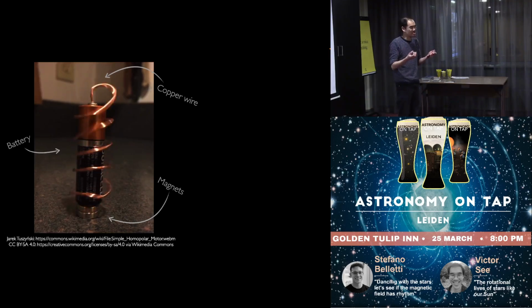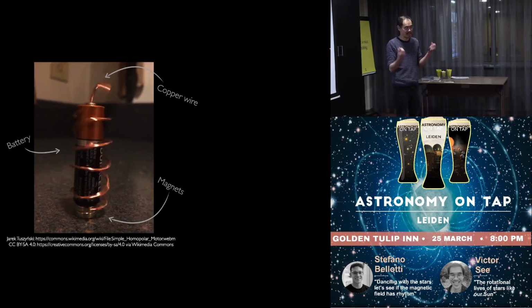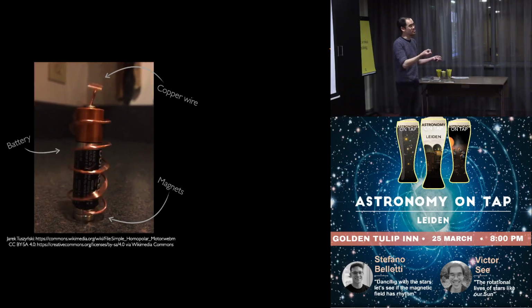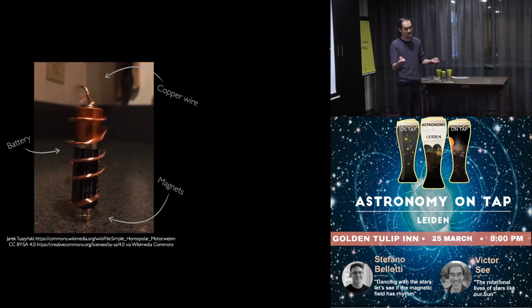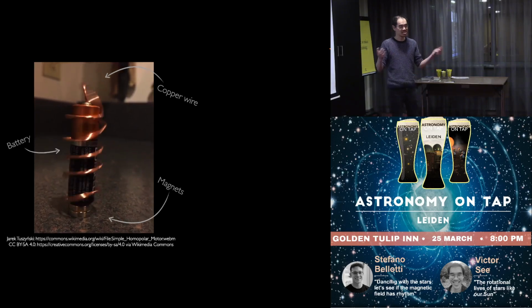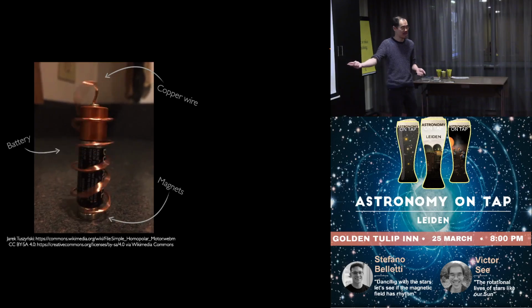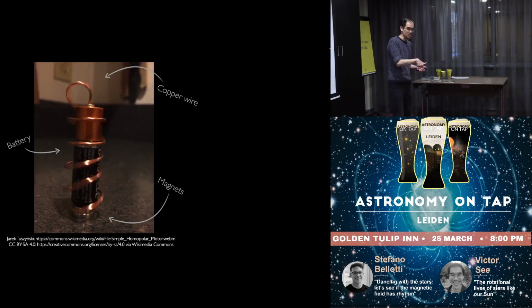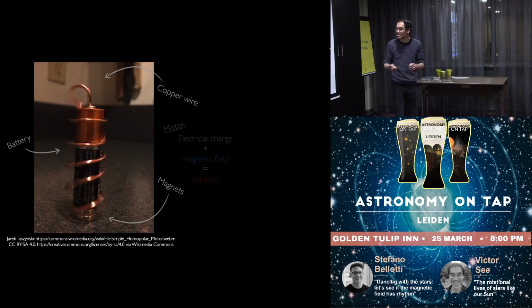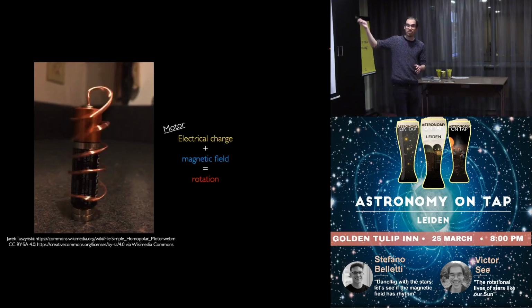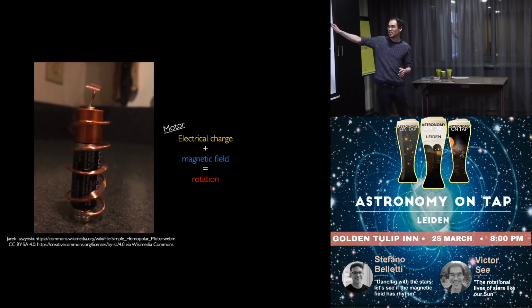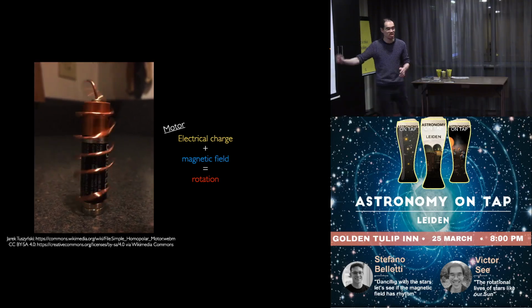And all electric current is moving charges, right? Moving electrical charges. And so it turns out that if you have moving electrical charges in the presence of a magnetic field, which in this case is being provided by the magnets, you can get a rotational motion. So that's what this motor's doing. Moving electrical charges plus magnetic field gives you rotation.